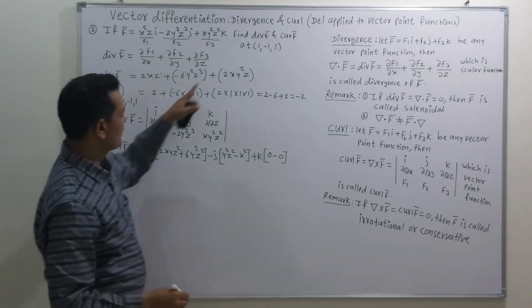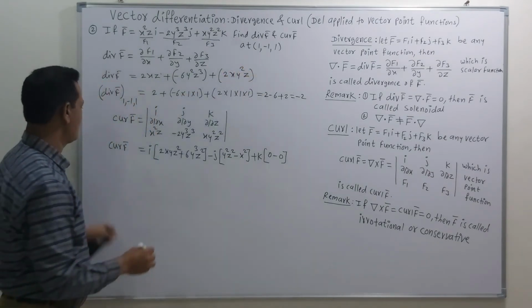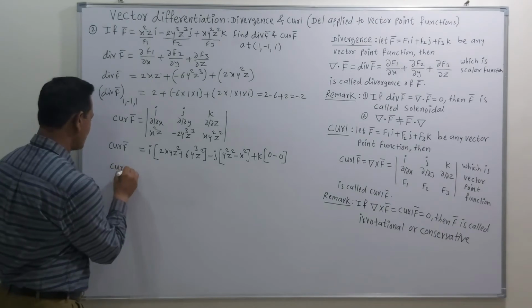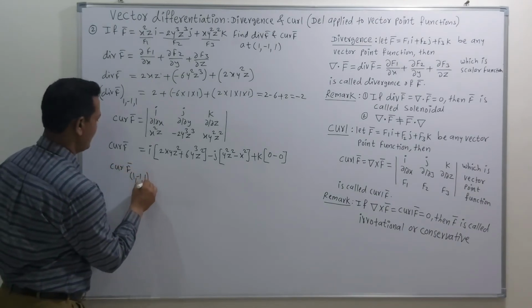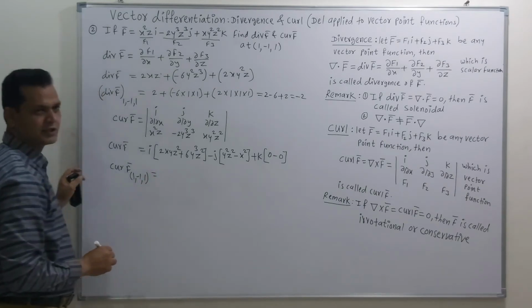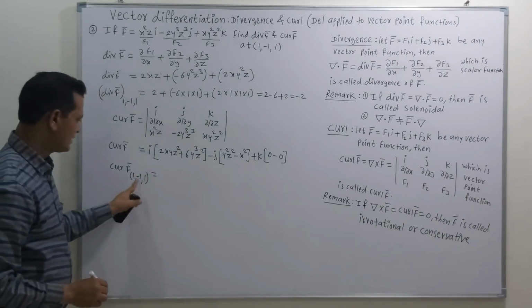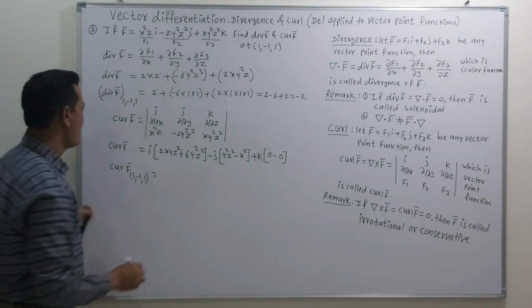Now our aim is to find this curl at the point (1, -1, 1). So we write curl of f bar at the point (1, -1, 1), putting x equal to 1, y equal to -1 and z equal to 1.